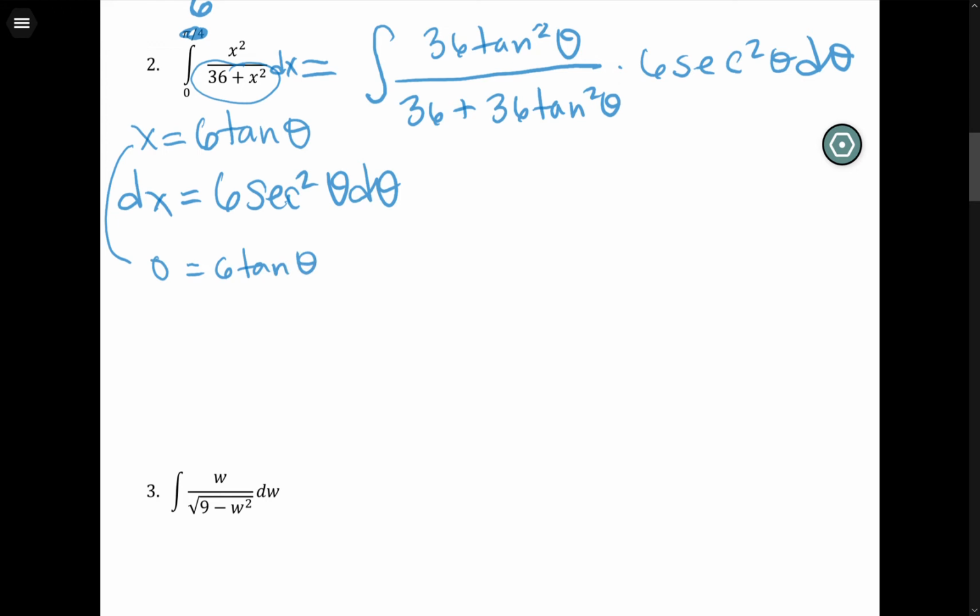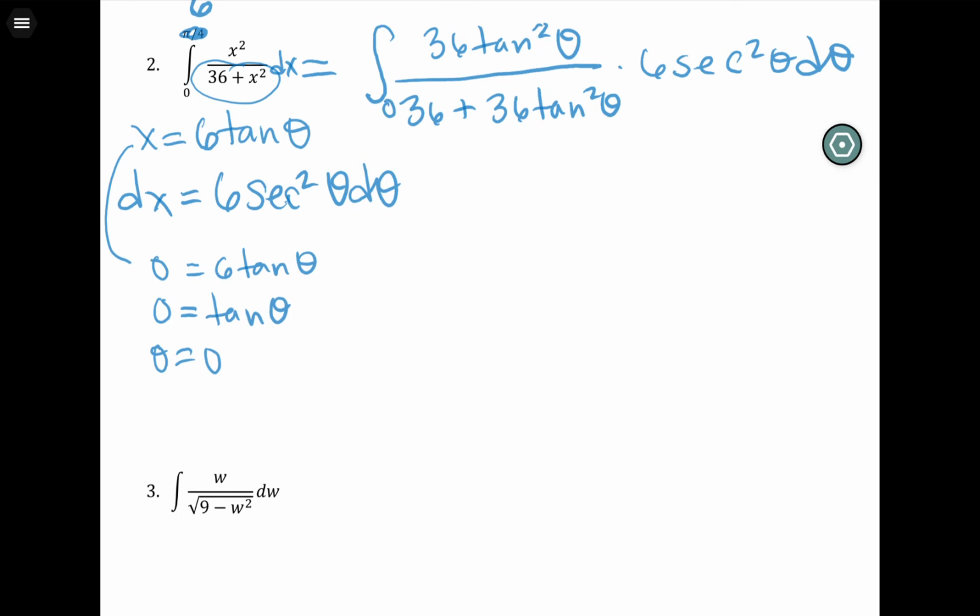We can divide by 6, and tangent theta has to equal 0, which has infinitely many solutions, but as we work our way through this, we're going to be using inverse trig. It's going to restrict us to just the stuff really close to theta equals 0. So tangent equals 0 when theta equals 0. That's not terribly exciting. When x is 0, theta is also 0.